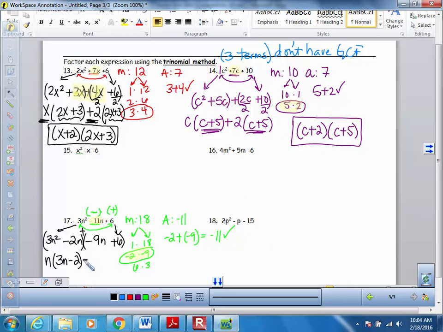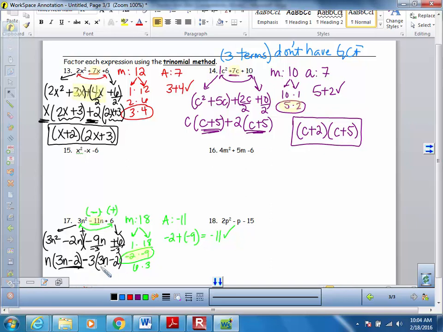So I want to pull out a negative here. I know 9 and 6 have a common factor of 3. And so if I divide this by a negative 3, a negative divided by a negative is a positive. That gives me 3n. And then I divide this by a negative 3. A positive divided by a negative gives me a negative, so that would be a negative 2.